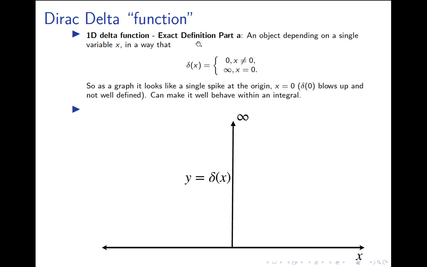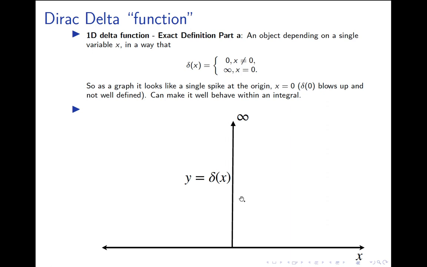For example, you can take a rectangle from minus L by 2 to plus L by 2, whose height is L and width is 1 over L. You can take a small rectangle symmetrically around the origin with height L and width 1 over L. So the area of that rectangle is L times 1 over L, that is 1, right?